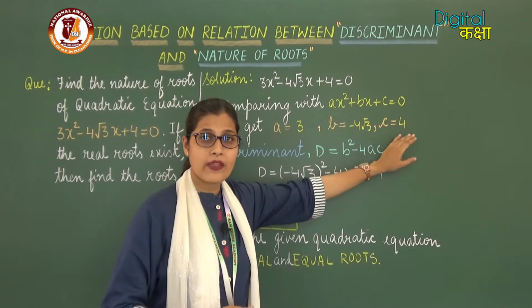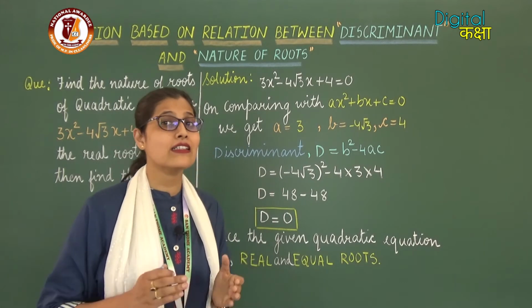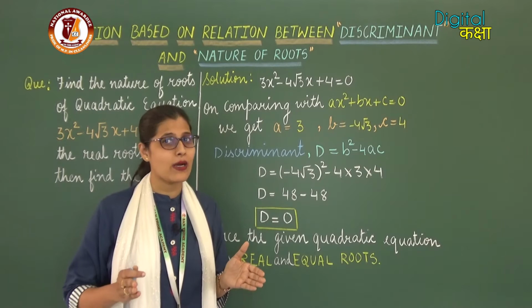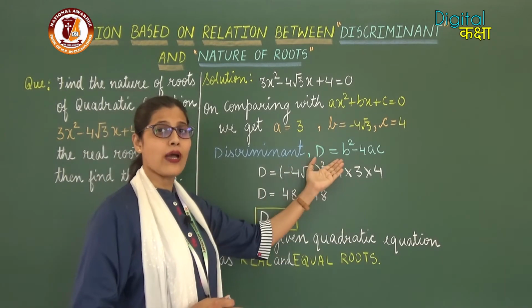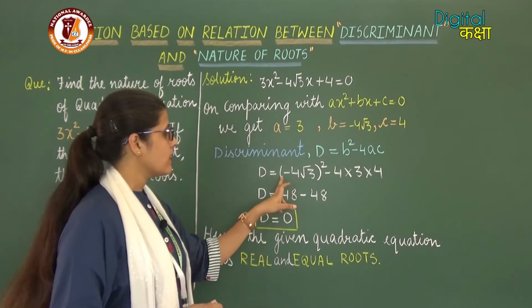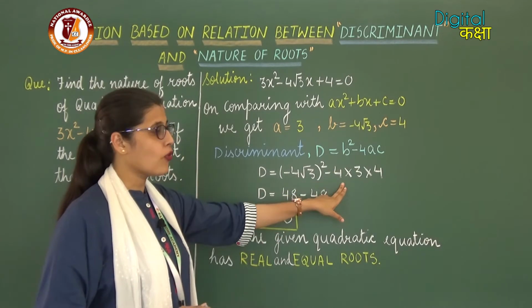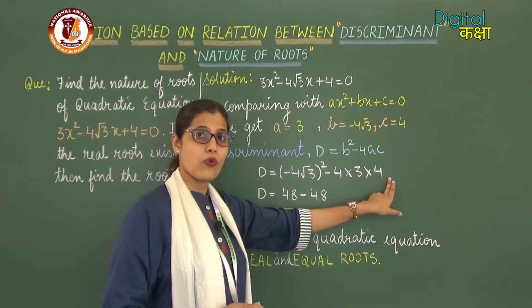After getting the coefficients, we need to find the discriminant, which is equal to b² − 4ac. So let us substitute the value. On substituting, we will be getting (−4√3)² − 4 × 3 × 4.